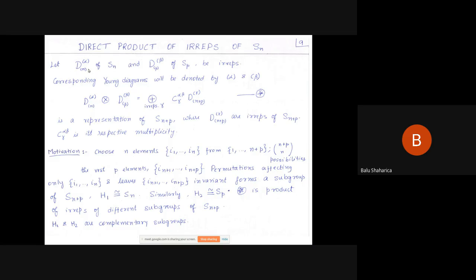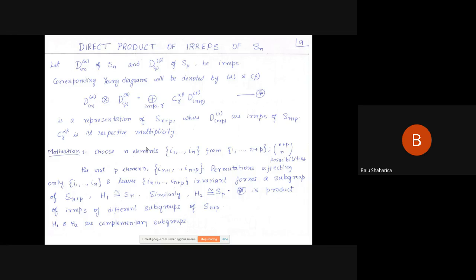We can take the direct product, and we will get an irrep for S(n+p), and these C, gamma, alpha, beta are the multiplicities of each of the irreps, and we will use Young tableaux to find out the RHS.